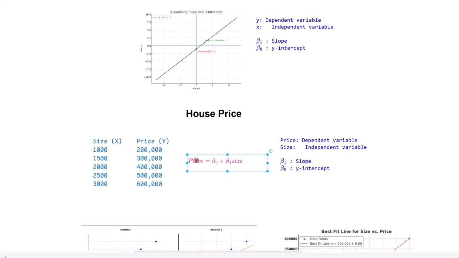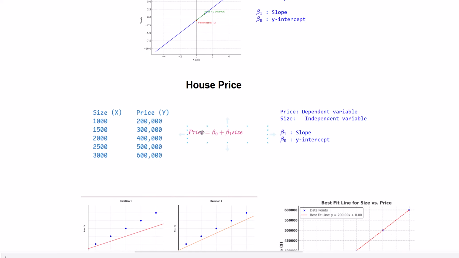Now, if I would like to draw, let's say, a line for this data here, and for example next time when I have the size, I will try to predict what the price should be, right? As you can see, this formula here, the price is equal to beta 0 plus beta 1 multiplied by size.